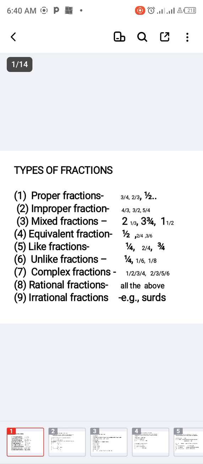Now, what is a fraction? A fraction is simply part of a whole. So that by the time we divide 1 into 2, we have fraction 1 over 2 and another 1 over 2.